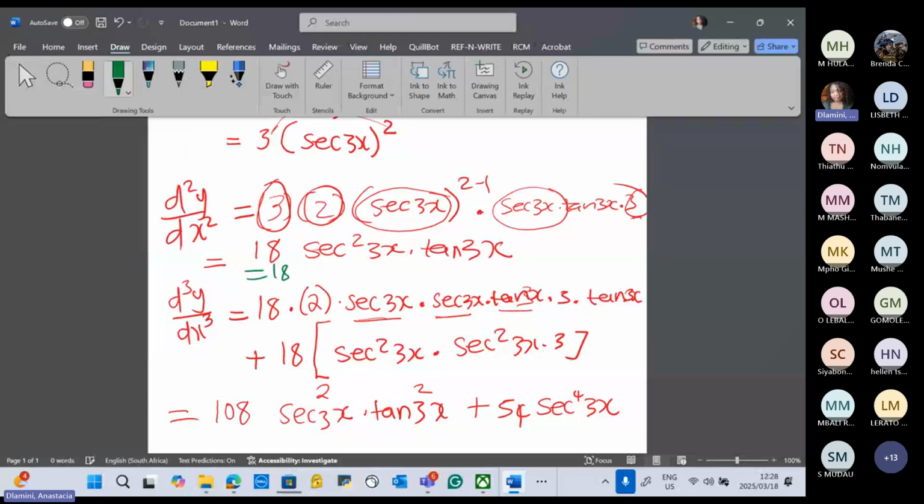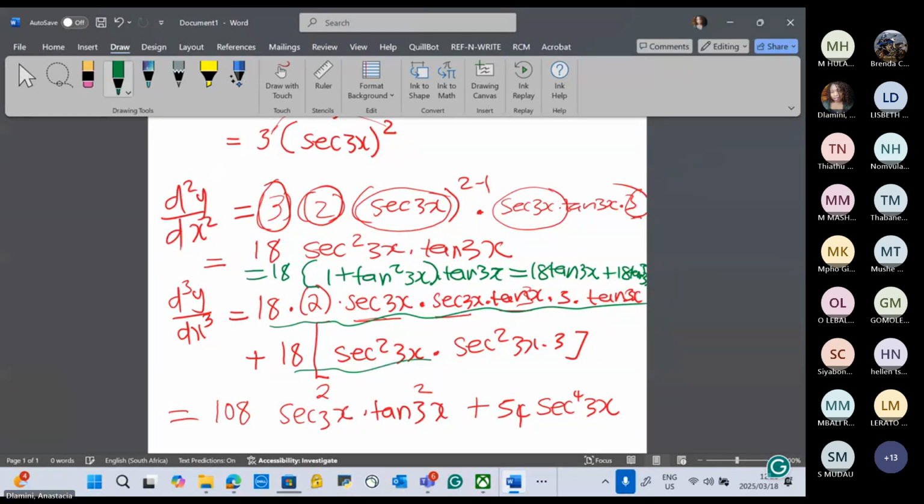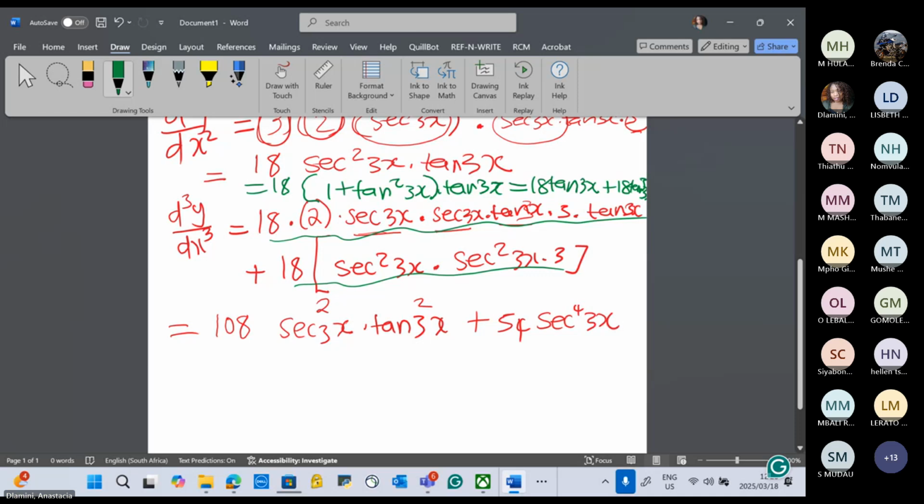They said 18 times 1 plus tan squared 3x times tan of 3x. So then it gave them a nice one, which was 18 tan of 3x plus 18 tan to the power of 3 of 3x, unlike ours where we had to do all these shenanigans. But we're not saying we are wrong. Just saying simplify it.